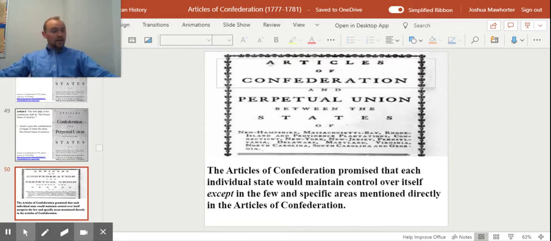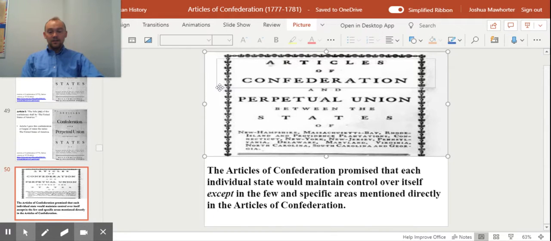Now, this is not a vote of the quote unquote people, in a sense. This is not a vote where every single person in the state debates and votes. But this is a decision of the state's elected government to see if they will participate in this confederation.